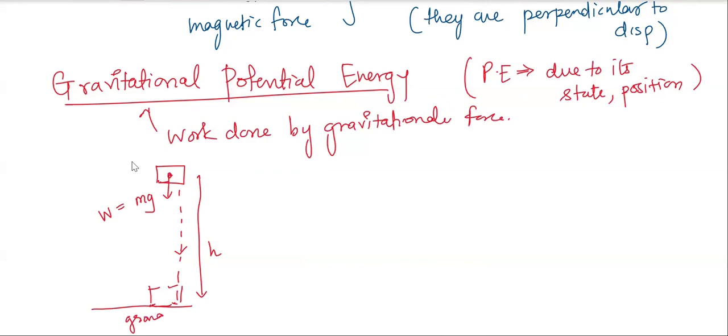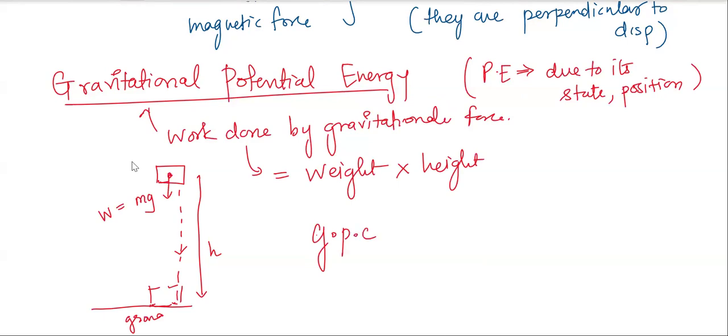So what you will see is that the force and the displacement are in the same direction. The work done by gravity will be nothing but the weight times the height, that is the displacement that is happening. So usually we write the gravitational potential energy to be equal to mg, that is weight, into h.